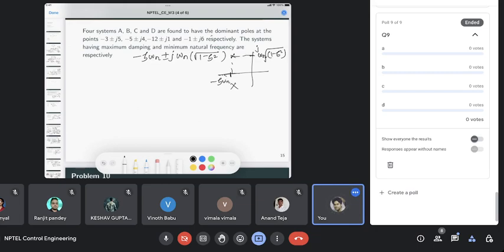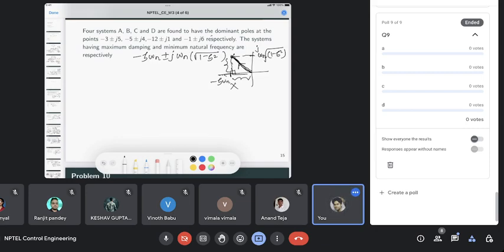Then what is the length of this? You have a triangle, right? You have this value as zeta omega n, and this value as omega n times square root of 1 minus zeta square.